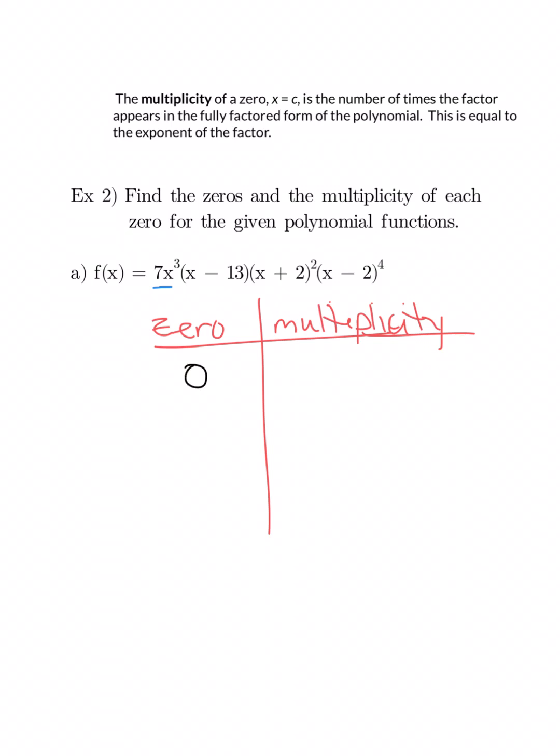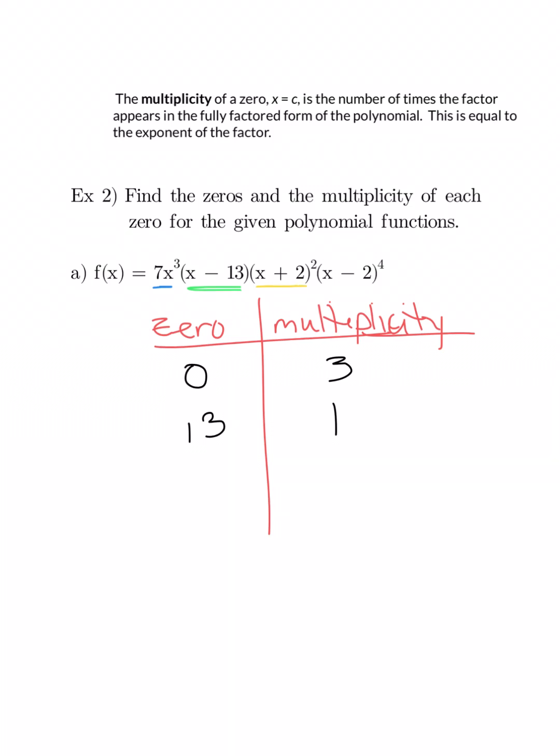What's the power on that variable? It's a 3, so the multiplicity is 3. Next, our first quantity gives us a 0 of 13. What's the power on that quantity? It's 1, so its multiplicity is 1.